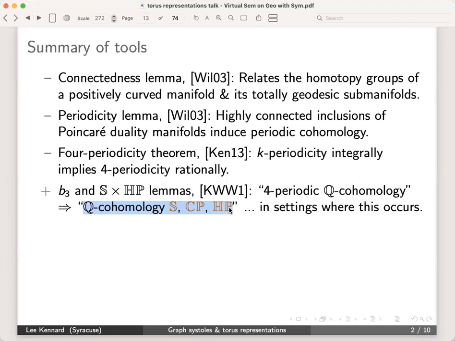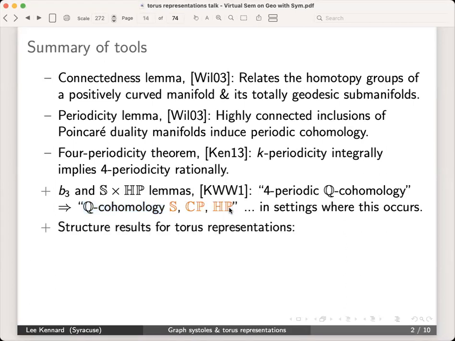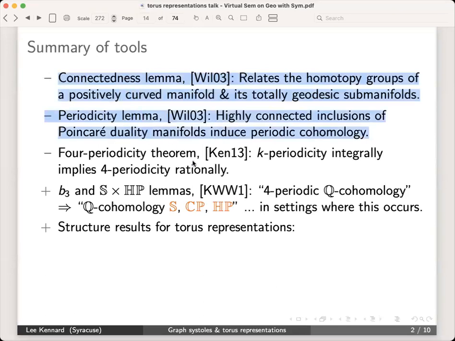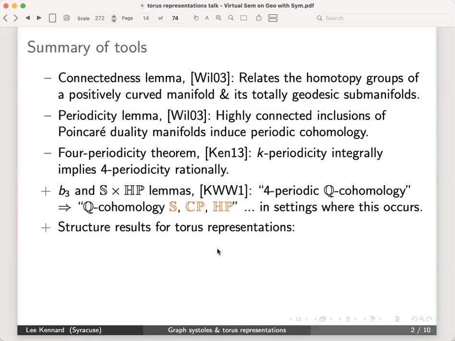And what this means is that a big chunk of the work is proving that you get enough fixed point sets and good enough intersections of fixed point sets to feed into the connectedness and periodicity results.